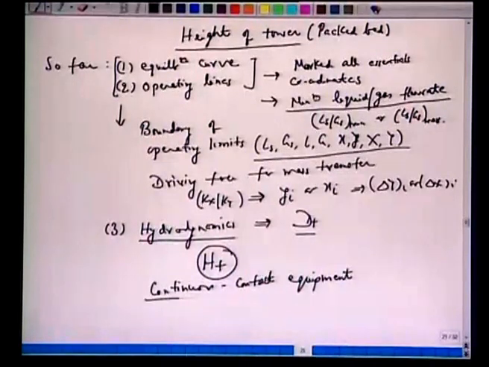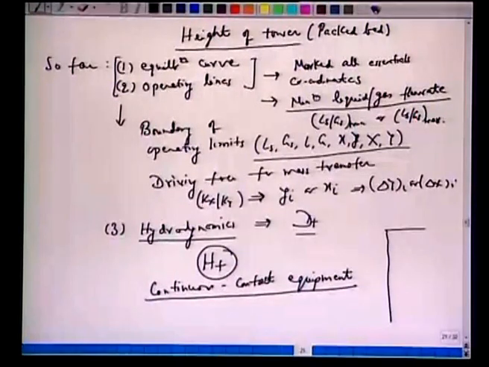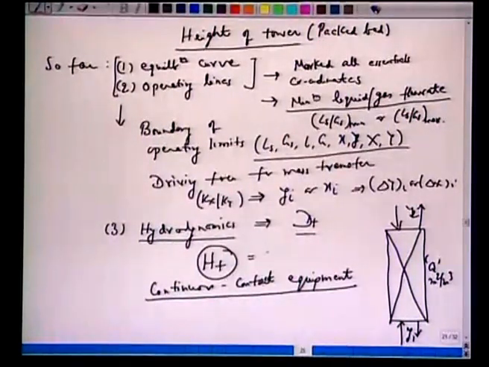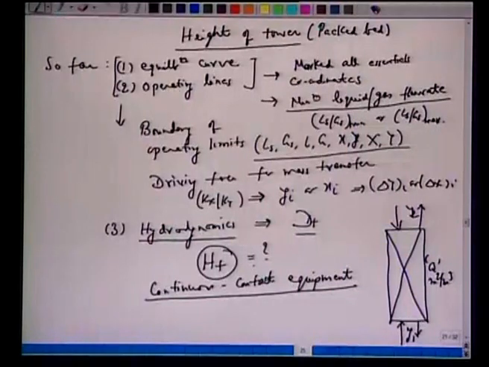We are not talking of trays or stages. This is a column packed with certain packing, having certain meter square per cubic meter interfacial area, a certain type of packing. Two phases are allowed to come in contact, and we want to achieve concentration reduced from Y1 to Y2 in this treated gas. All right. So, that is the objective: how much height we require, how tall the column should be.